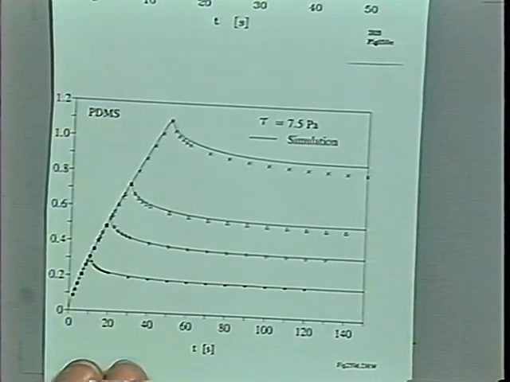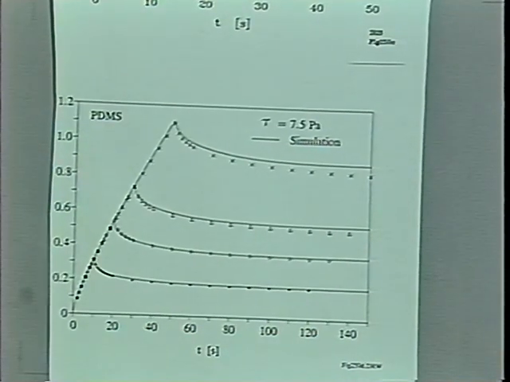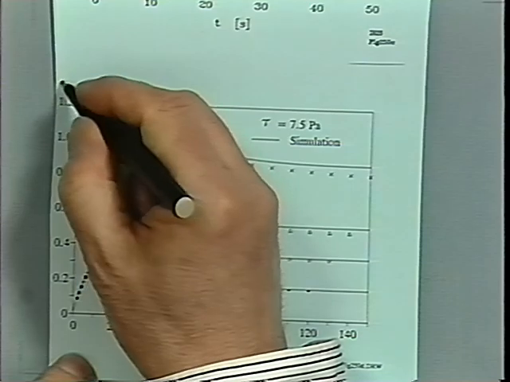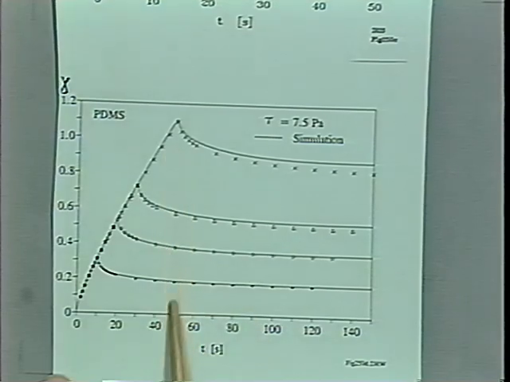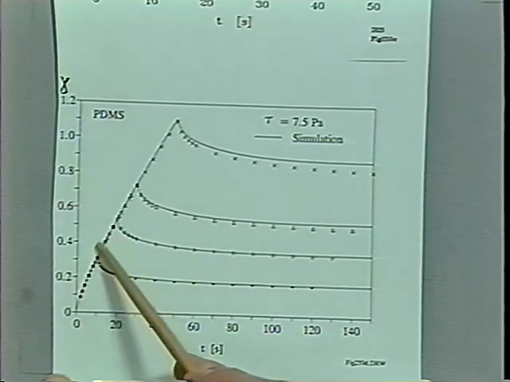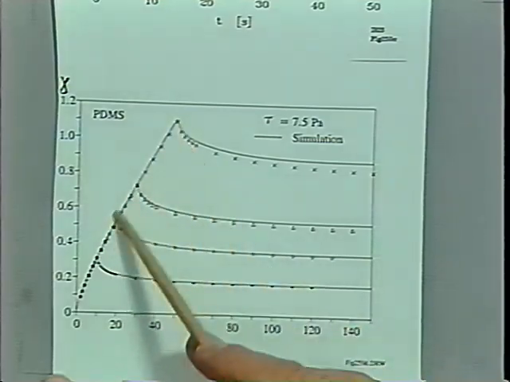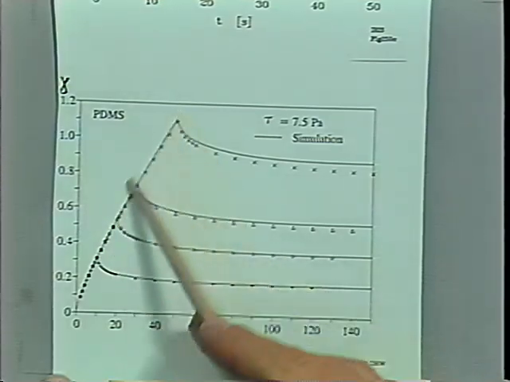And then in the other experiment, where we look at the strain, this is gamma here, as a function of time during the imposed stress. Now, if you have a stress, say, from 0 to about 50 seconds, then the strain grows, and there's a linear growth, that's the steady shear flow region.